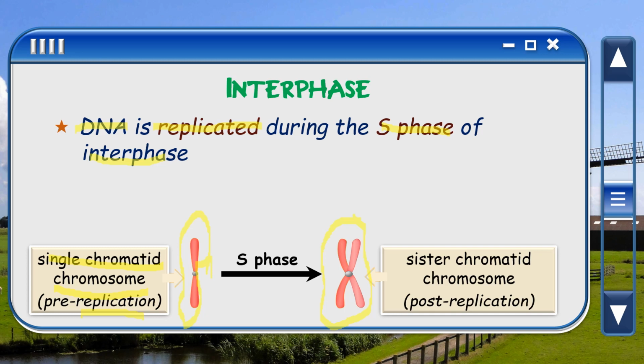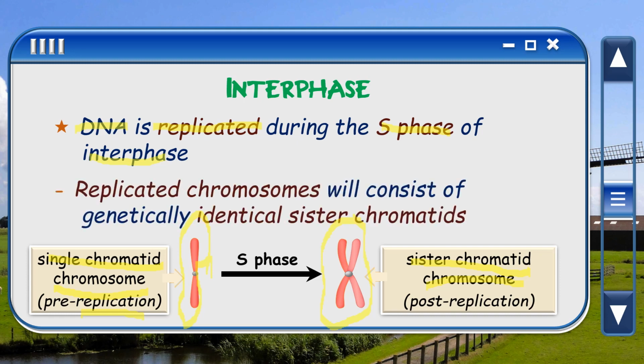It replicates during the S phase. From being a single chromatid chromosome, it now becomes a sister chromatid chromosome. That is post-replication. The DNA is replicated, during the S phase of interphase.